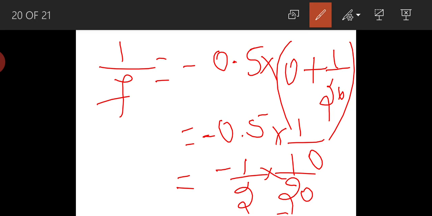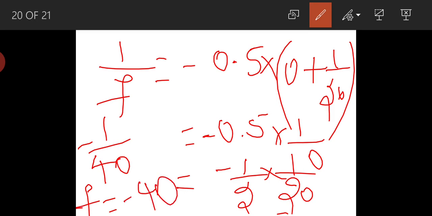So this is minus 1 by 2 into 1 by 20, which is minus 1 by 40. So 1 by f is minus 1 by 40. So f is finally equal to minus 40. So the focal length of the plano-concave lens is f is equal to minus 40.